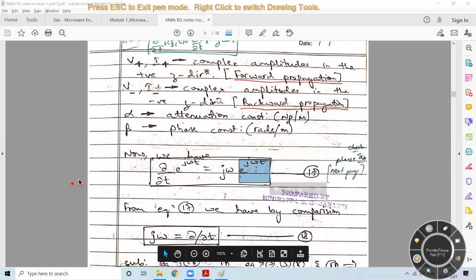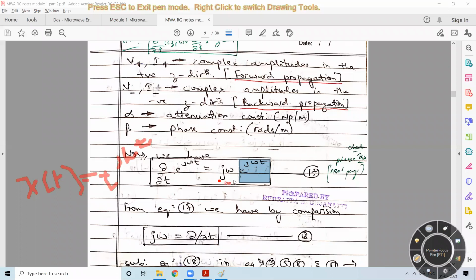For example, if I specify x of t is equal to e raised to j omega t, when I take the differentiation of this, I will have j omega into e raised to j omega t. But what is e raised to j omega t? It is nothing but x of t itself. So when the parameter is exponential, that is e raised to j omega t, the partial differentiation is nothing but multiplying the signal x of t with j omega.